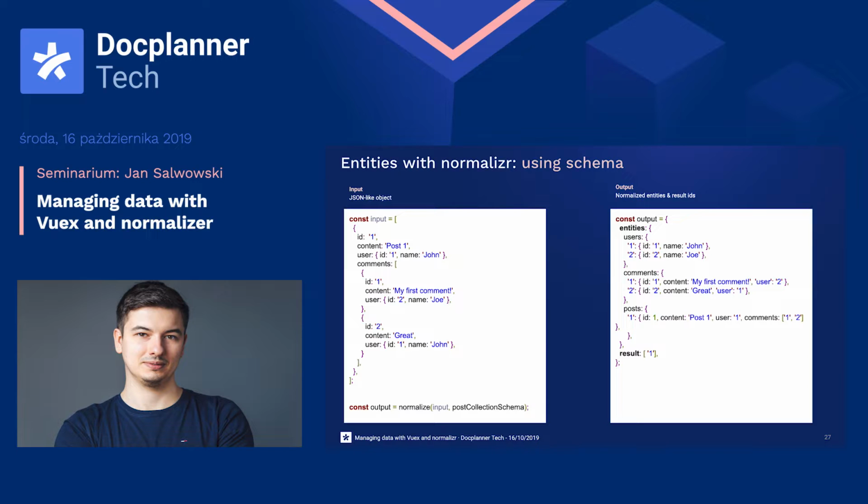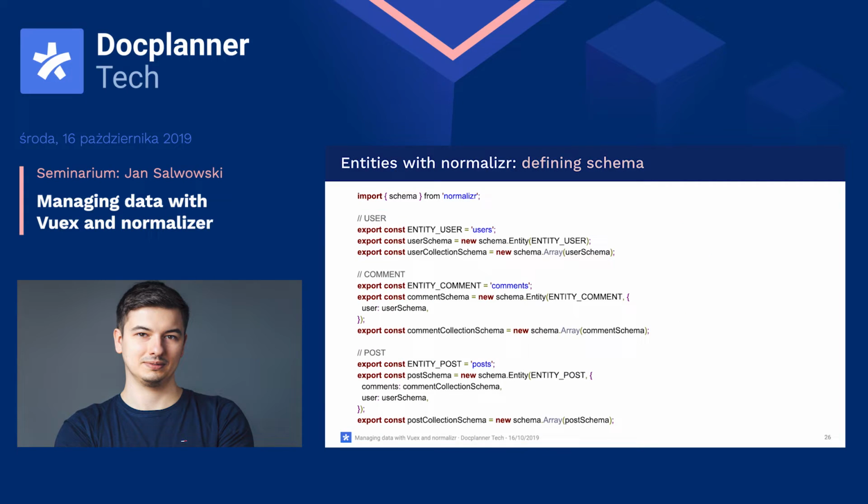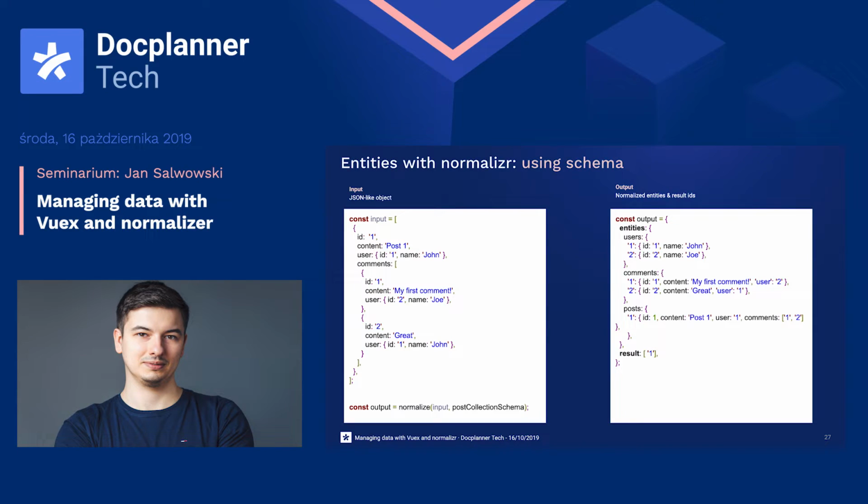This is the set of our unique entities with given types, the names that we defined in the previous slide, right here. And the result. Result may be very useful because this is the set of IDs of the root elements in the collection from the input. So the result here is the set of IDs of the posts.